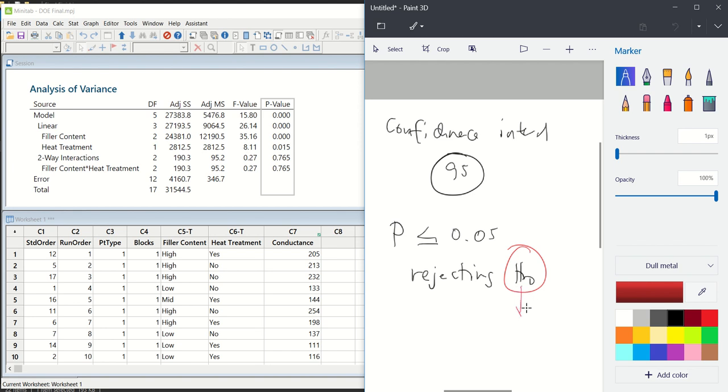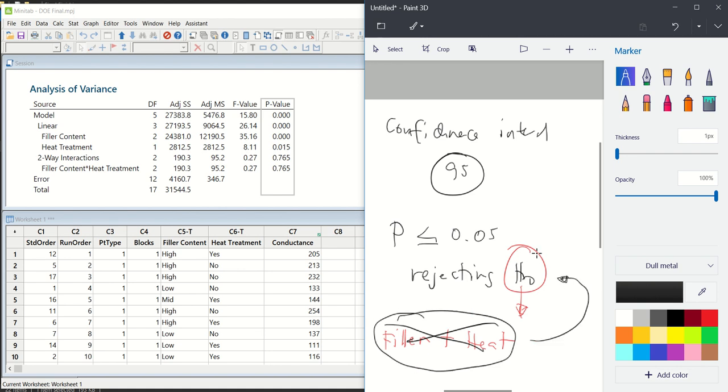So, ang null hypothesis automatically sa study ko is walang effect yung combined filler plus heat. So, walang magandang maidudulot. Okay? So, whenever may p-value sa study ko na less than or equal to 0.05, I will reject the null hypothesis, which is walang epekto ang filler and heat combined.